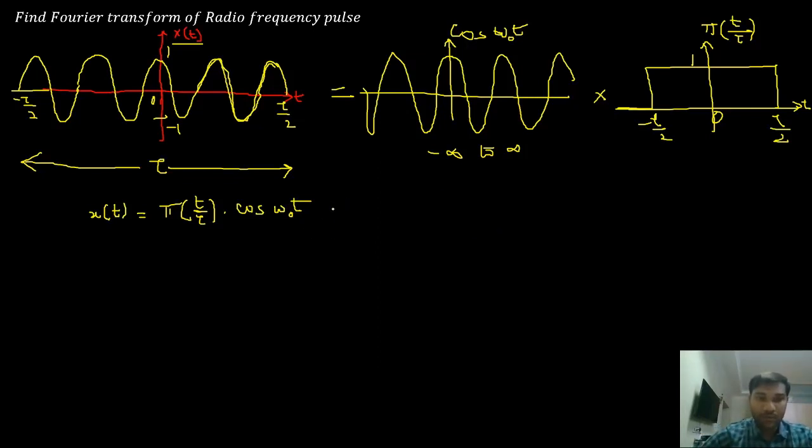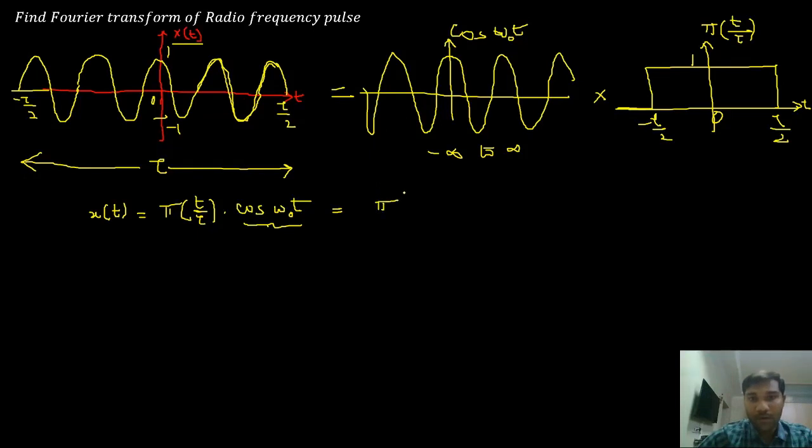Now I have to find the Fourier transform of this function. So let me simplify this function further. In place of cos omega naught t, I can write it in terms of e power j theta plus e power minus j theta by 2.